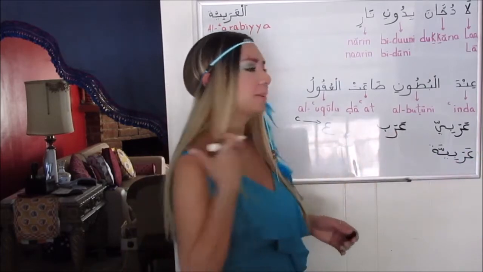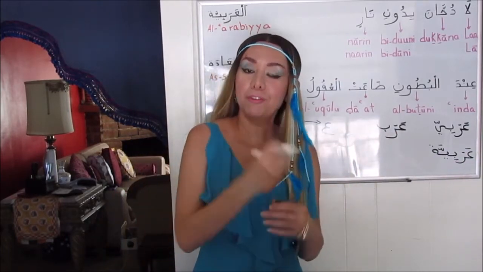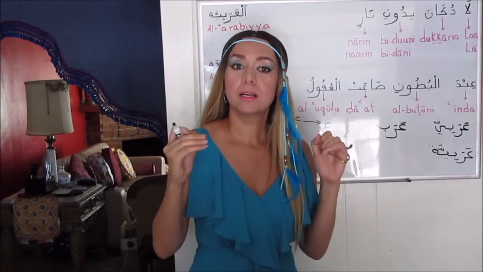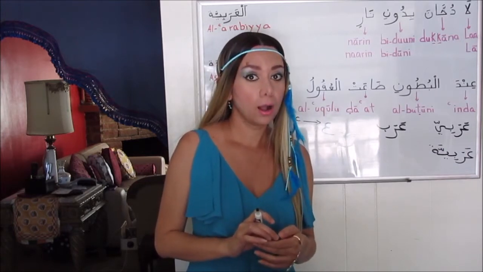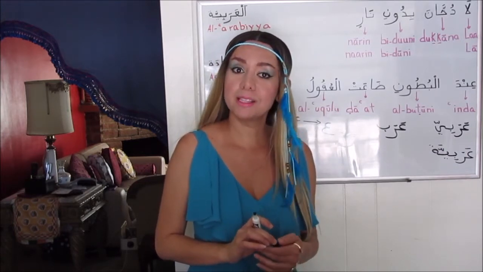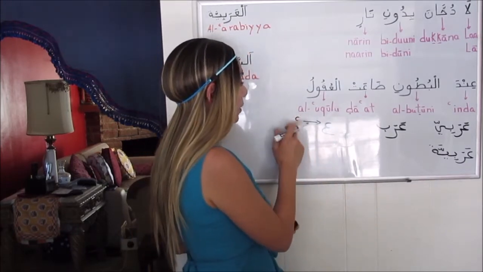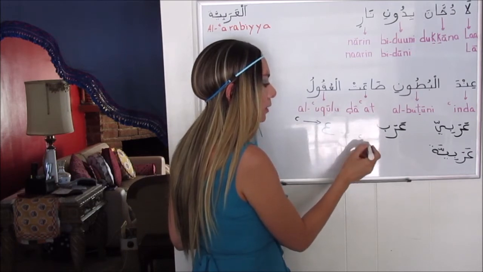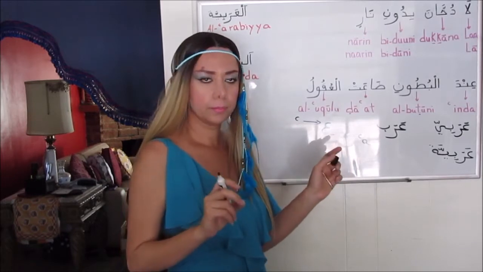So we have a ain followed by a fatha, the short vowel that comes with the sound of a, which is represented by the letter A. So we have the ain and the a.